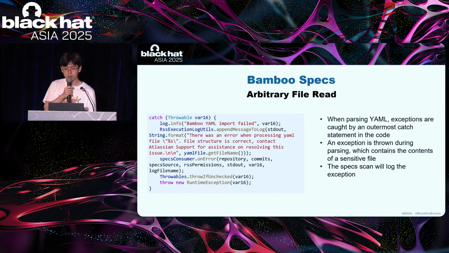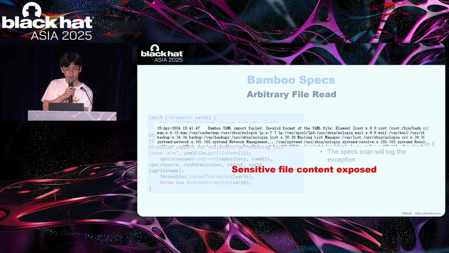When parsing the YAML we just mentioned, the exceptions are caught by an outermost catch statement in the code. An exception is thrown during parsing because we use the /etc/passwd content instead of regular YAML content. But the exception message contains the contents of the sensitive file we pointed to, and the scan will log this exception. So sensitive file content is exposed.